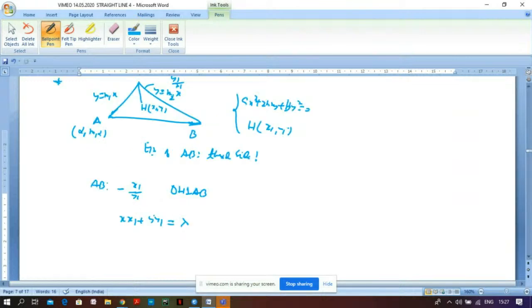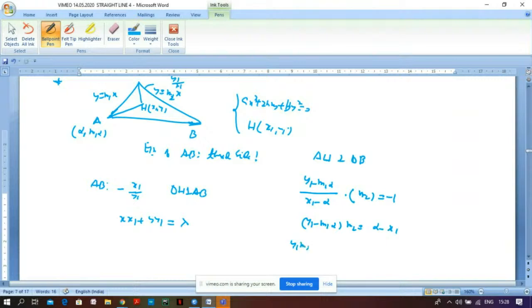What I do now is, we already know that AH is perpendicular to OB. So I can write (y1 minus m1 alpha) over (x1 minus alpha), times the slope m2, equals -1. Then y1 minus m1 alpha times m2 is alpha minus x1.